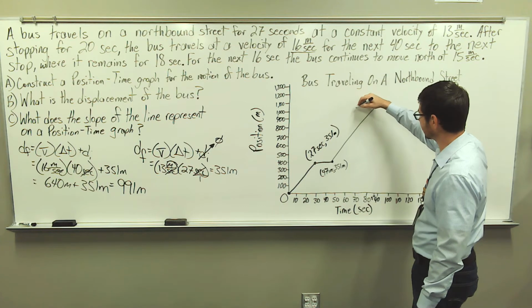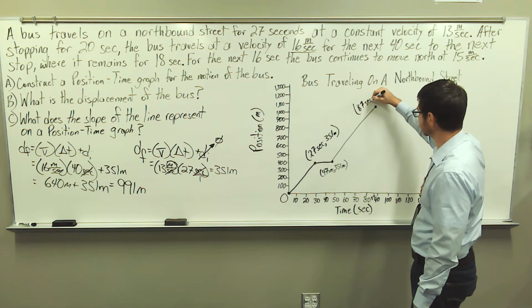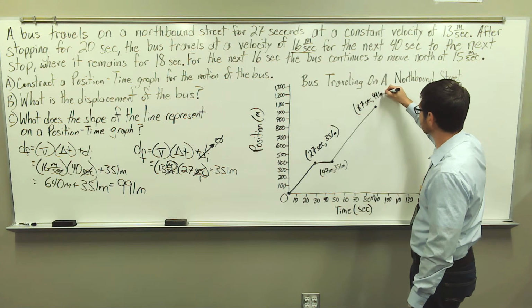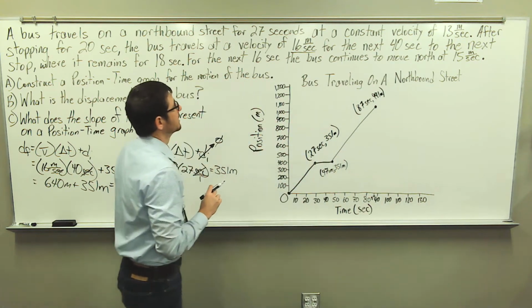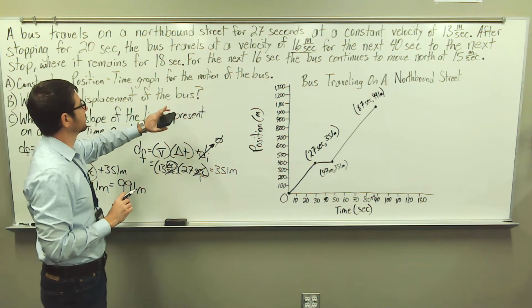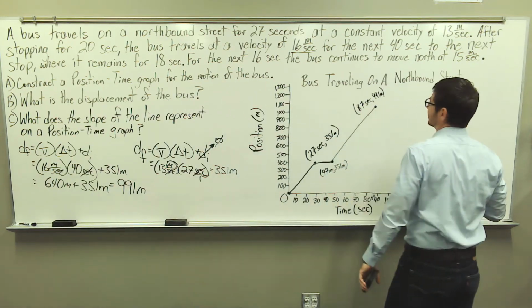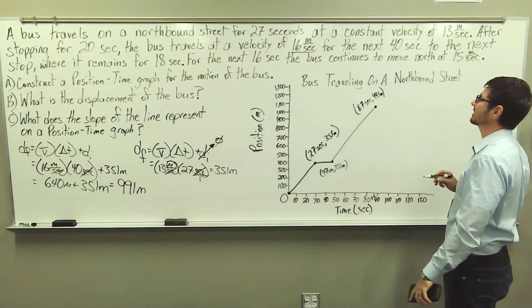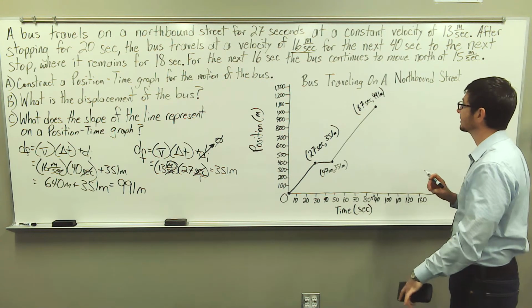And I'll go ahead and identify my ordered pair. We're at 87 seconds, 991 meters. Okay? To the next stop. So at the next stop, it remains stopped for 18 seconds. Okay? So what we're going to do is 87 plus 18 is going to be 105.